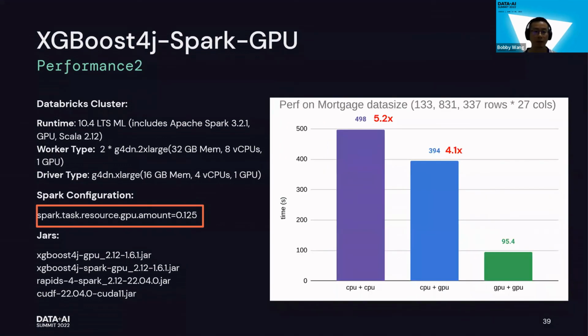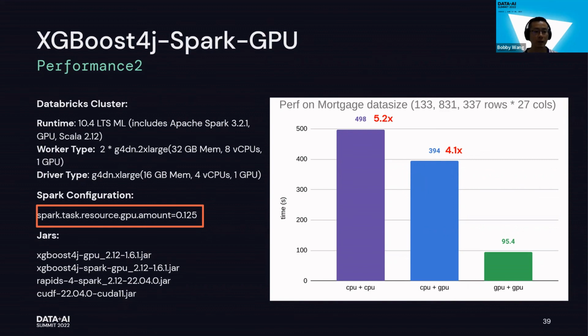Setting Spark task resource GPU amount to 1 may be unfair for the CPU loading. So in this case, we just exclude the Databricks solution and set the Spark task resource GPU amount to a fraction.